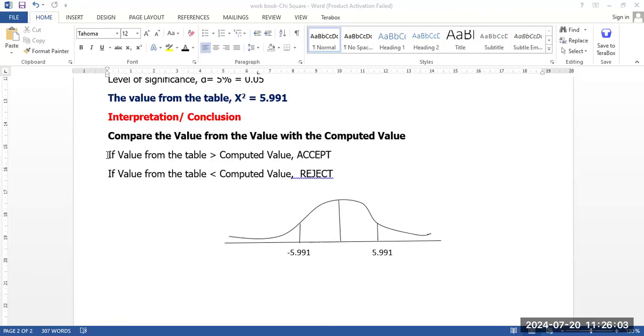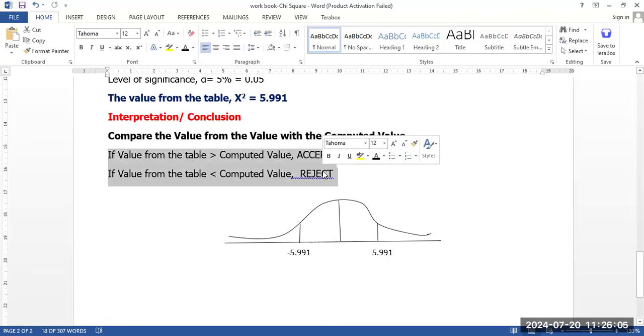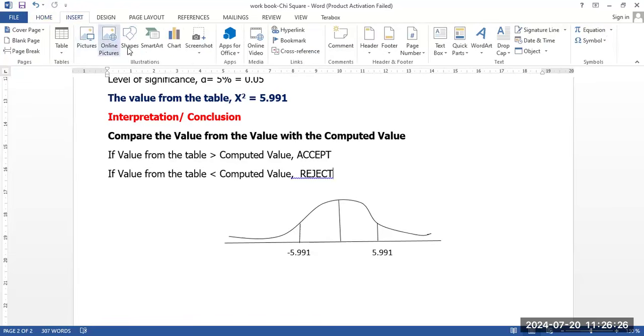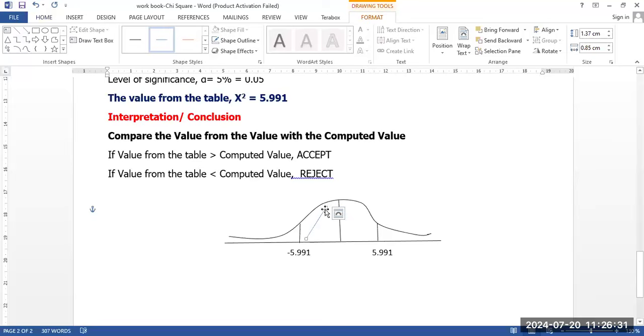Programming this one may not bring it clearly, but if you use this diagram, it can help you very fast. If the computed value falls within this region, between this and this, you accept. Let me just shade it again, so that you don't forget.